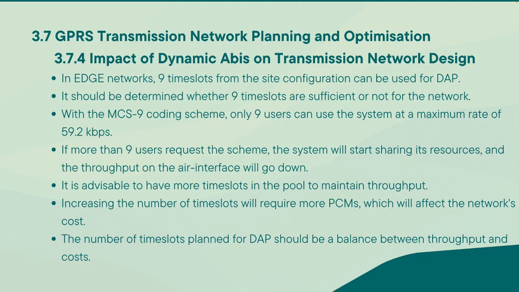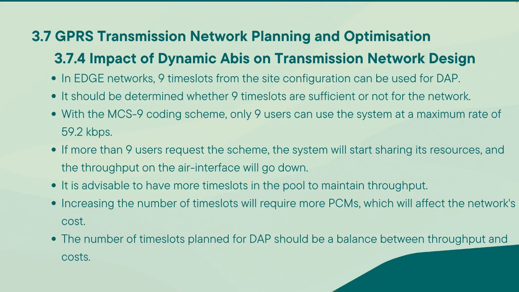So let's move on to another point, 3.7.5, the impacts of the dynamic Abis on the transmission for the network design. So in the H network, it has 9 time slots from the site.